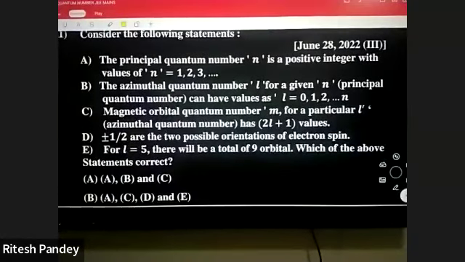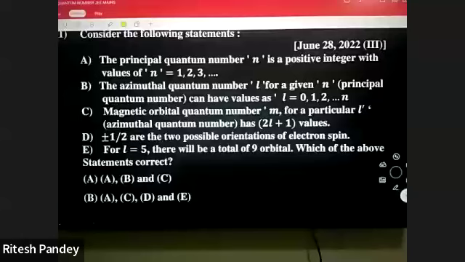They want the statements which are correct. Tell me which statements are correct. A, C, and D, sir, option. I can hear somebody telling me A, C, and D.